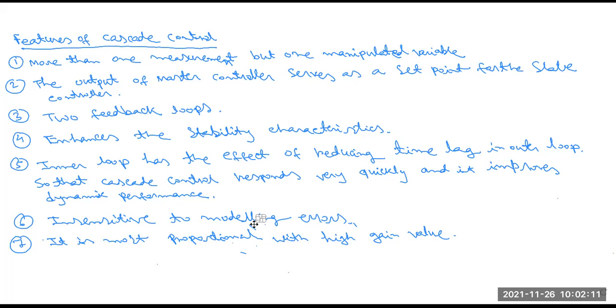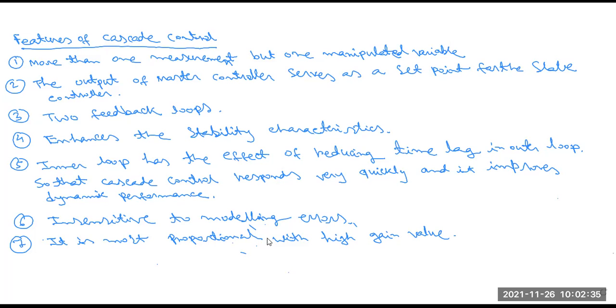Number 4, it enhances the stability characteristics. That means the result is very stable after a certain time, and the response is very fast. Number 5, the inner loop has the effect of reducing time lag in the outer loop systems.